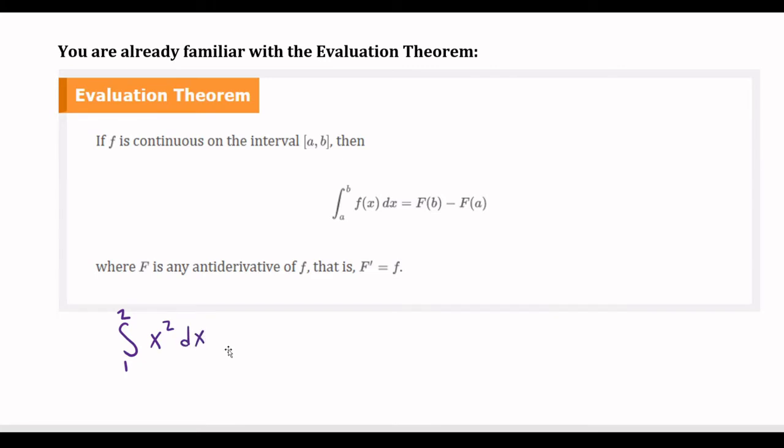dx. Okay, so how do I solve this integral? Well, the evaluation theorem says, oh, it's nothing. You just figure out, okay, what's the function big F? So this is the function I'm looking for here. What is this big F of x such that when I do the derivative of this, I get x squared?